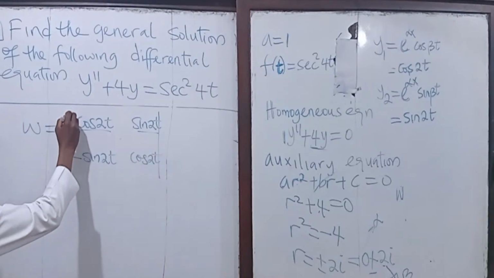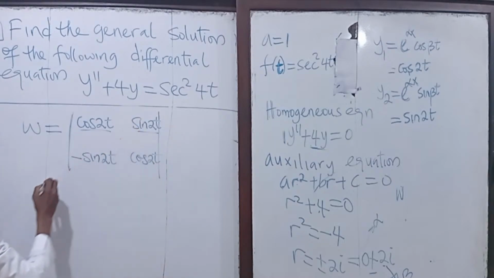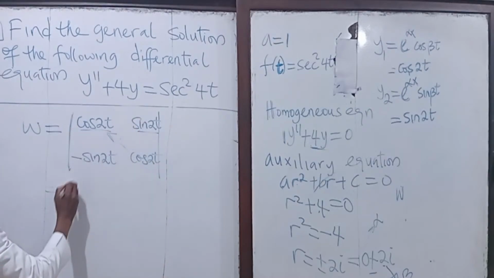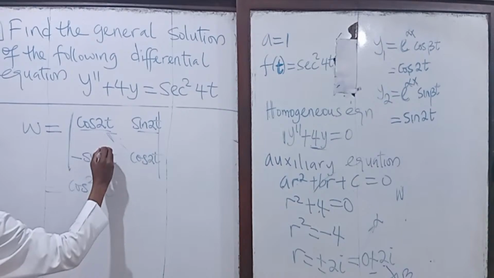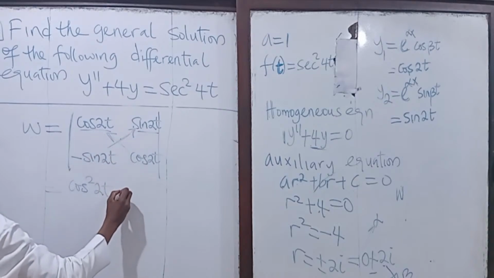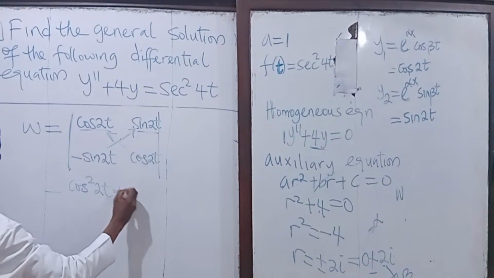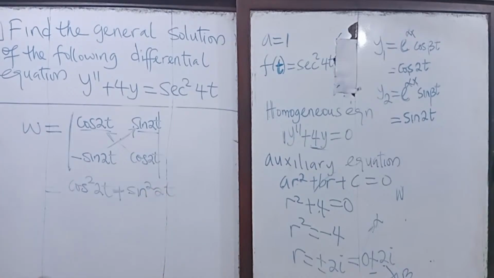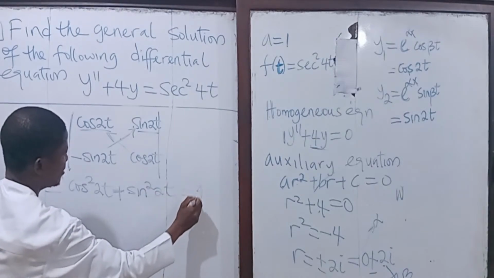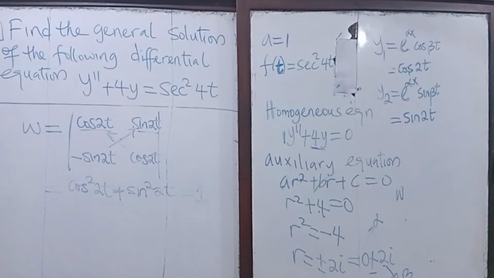That is cos square 2t, and minus minus is plus sine square 2t. We solve that and it's 1, by the identity cos square 2t plus sine square 2t equals 1. So we've gotten the Wronskian.